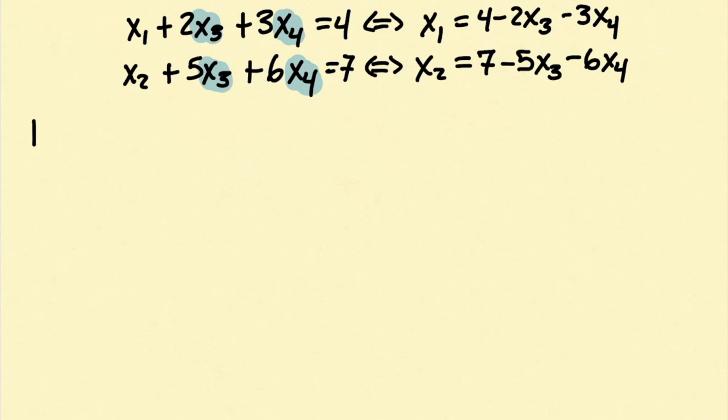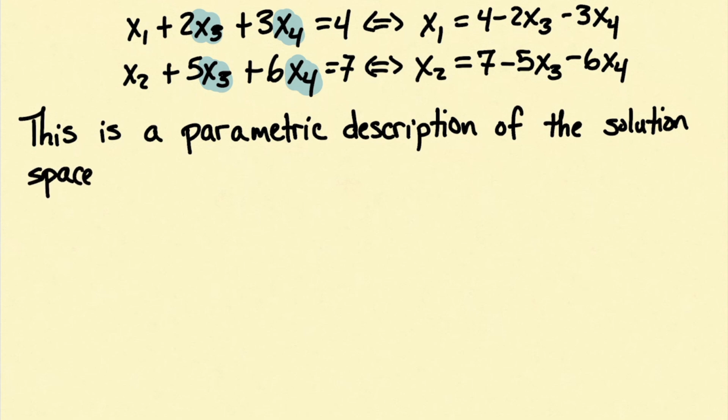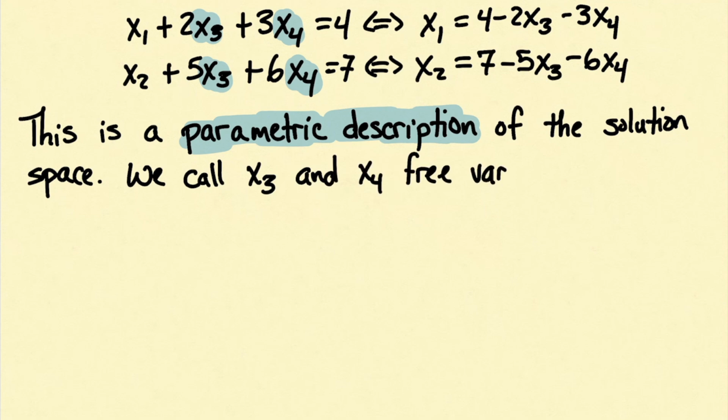This is called a parametric description because the two variables x3 and x4 parameterize the solutions. We call these two variables, x3 and x4, free variables, because you can choose any value that you like for x3 and any value that you like for x4. That is, we have 2 degrees of freedom here.